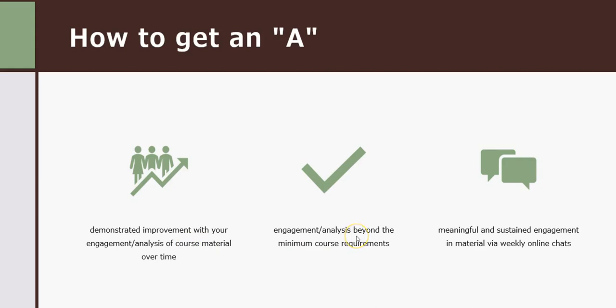If you're going above and beyond on a particular number of assignments, you've really thought, wow, this is really interesting to me, and so I went down this rabbit hole, and I learned this, that, and the other, right? So going above and beyond. And then you'll notice that we have these online chats every week, and if I'm seeing really thoughtful, respectful, curious engagement in those spaces, that's another way to earn an A. So you'll notice that an A is not dependent on whether you, quote, got it right or wrong. It's just really diving in there and engaging in the material.